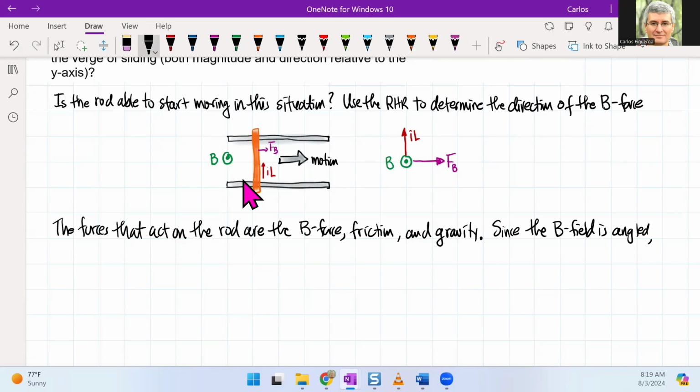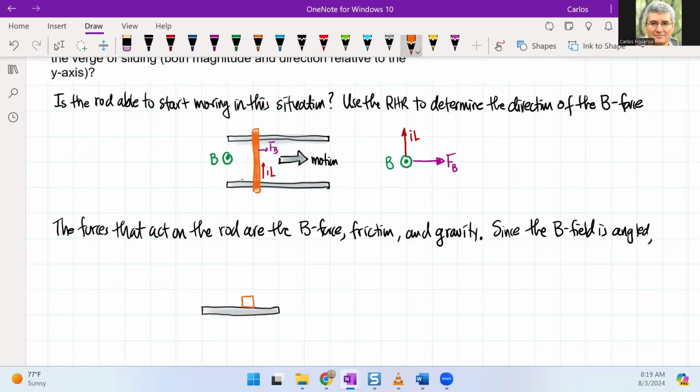a diagram of the situation is going to show something like this. So I have my rail, and this is a side view, and then I see my rod like this.